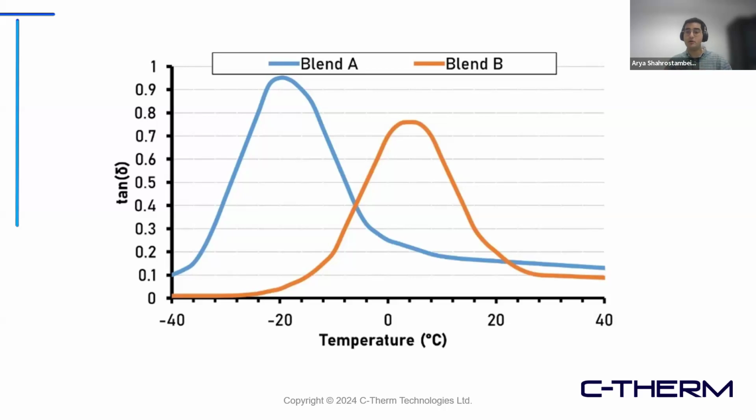So as I mentioned before, for a higher temperature you want a low rolling resistance, or a low tan delta, the low height of the tan delta. So probably blend B will be a better choice for all season tires. However, for winter tires, blend A would probably be a better choice since it has a higher tan delta peak.